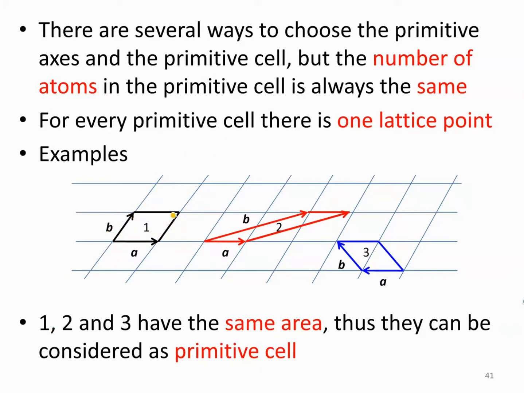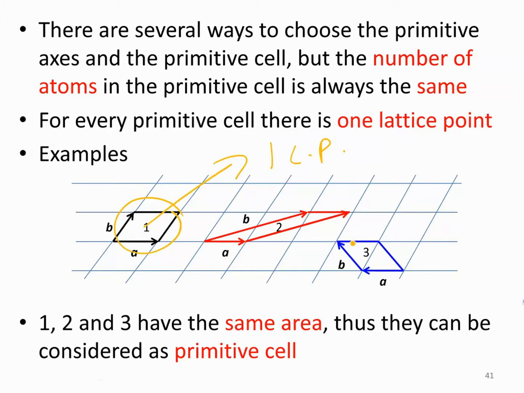Therefore, this lattice point only contributes 1 over 4. And then this lattice point contributes another 1 over 4. This lattice point contributes another 1 over 4. This another 1 over 4. So the total will be 1 over 4 times 4 equal to 1. So within this primitive cell, it only has one lattice point.